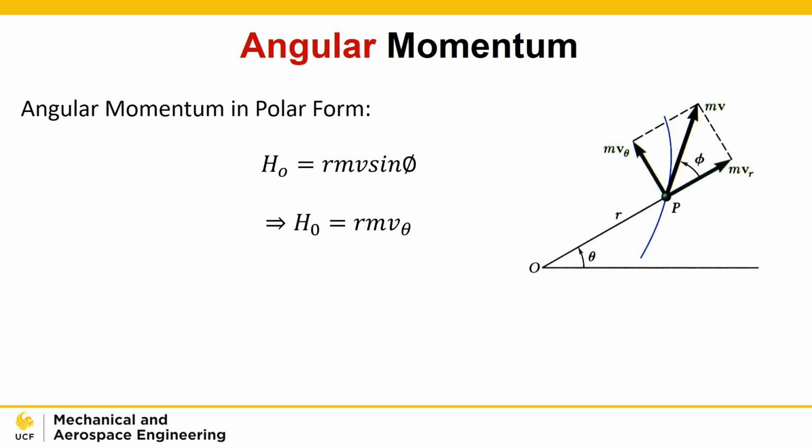Therefore, we can write HO is equal to r m v theta, where v theta indicates the transverse component of velocity. Since the transverse velocity v theta is equal to r theta dot from kinematics, we can also write HO is equal to m r squared theta dot. This gives the angular momentum equation in the polar coordinate form.